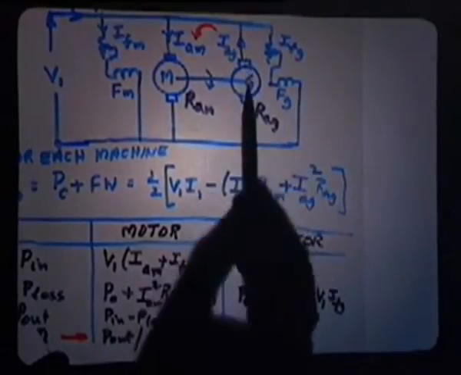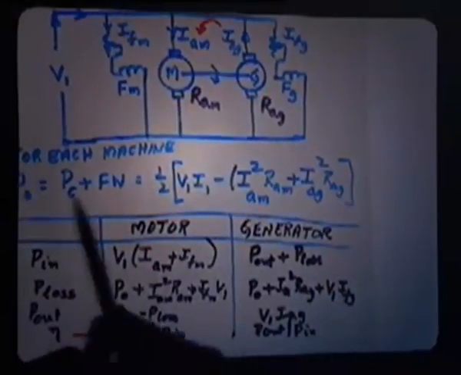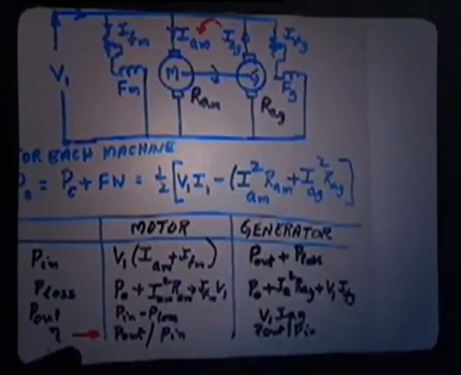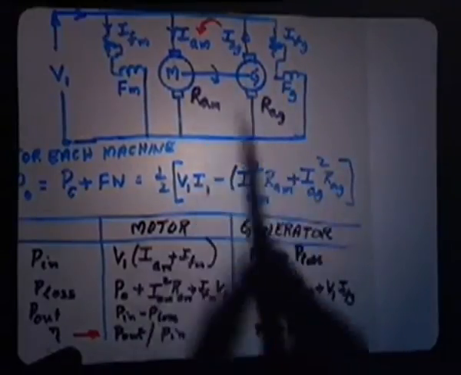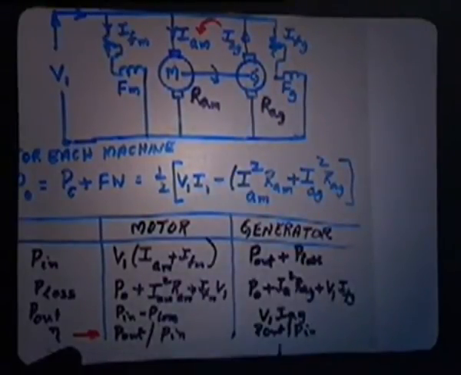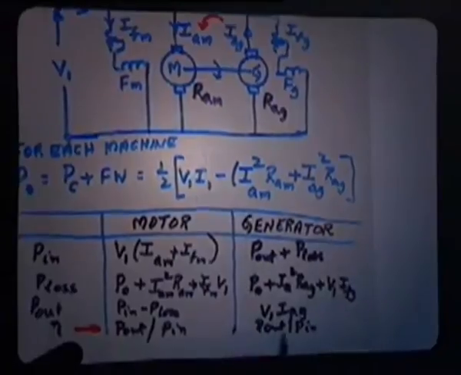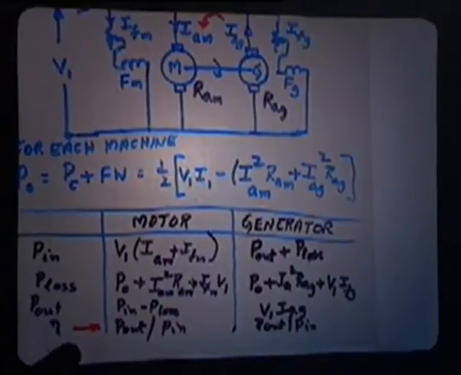So the total loss in the generator is the fixed loss as we have calculated, plus the I square R loss in the armature and the field. Now knowing the losses and the output, we can find the efficiency as P output over P input, because the input power is the output plus the losses.